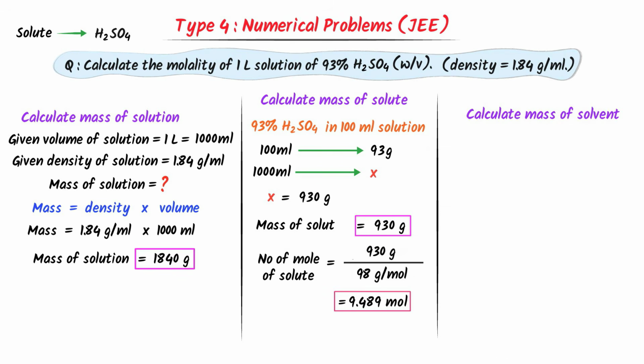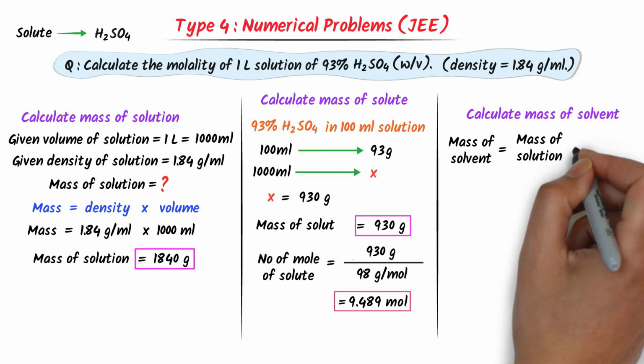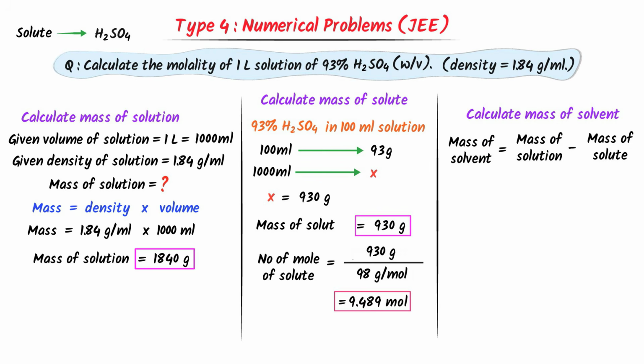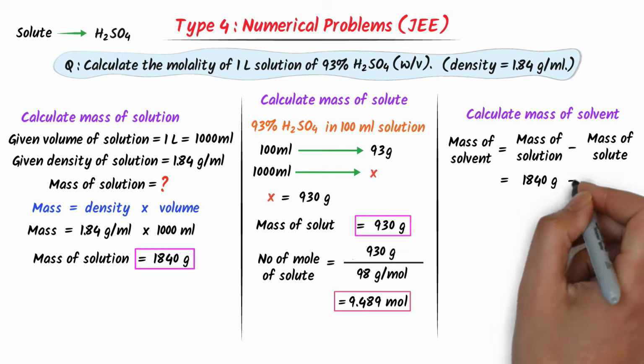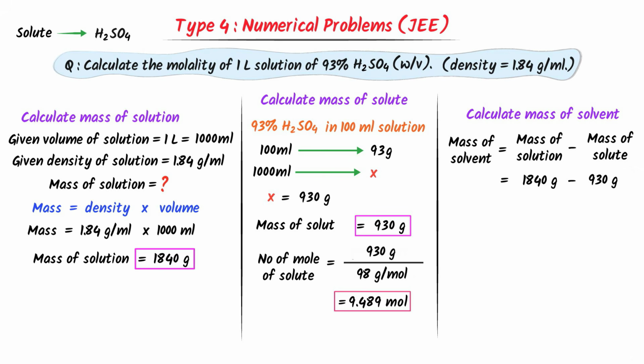Now, what about the mass of the solvent? Well, I write mass of the solvent is equal to mass of the solution minus mass of the solute. The mass of the solution is 1840 gram and that of the solute is 930 gram. I write mass of the solvent is equal to 1840 gram minus 930 gram.